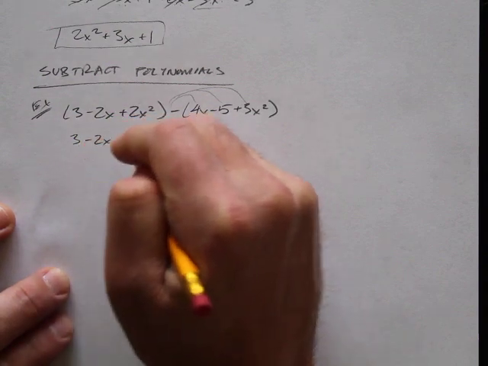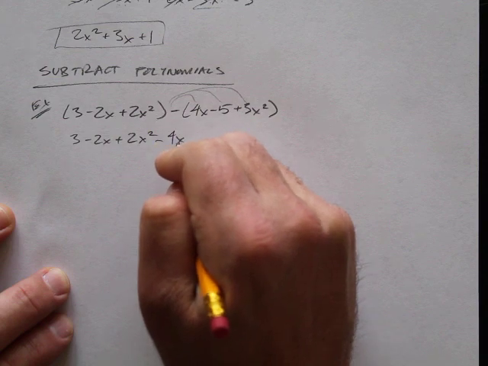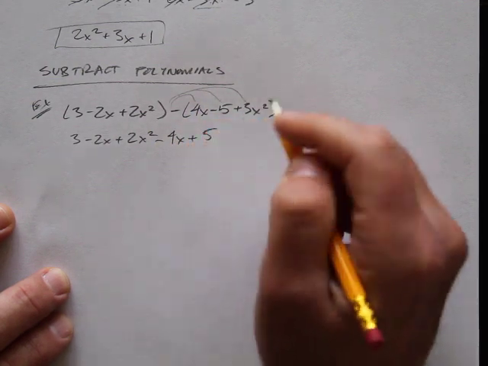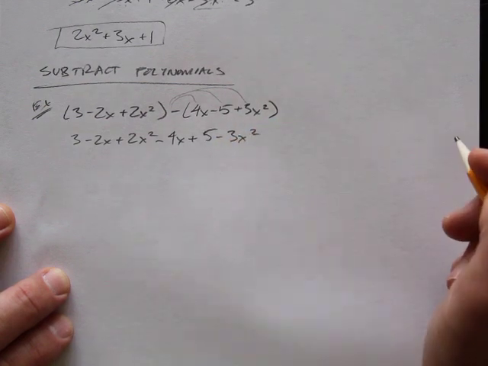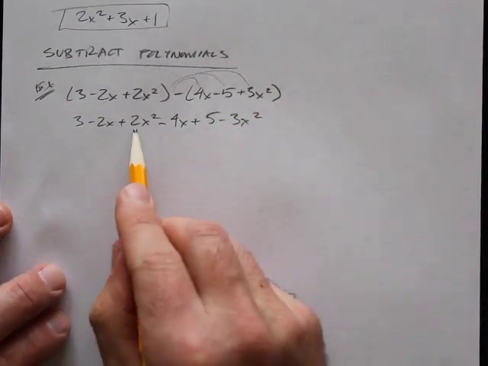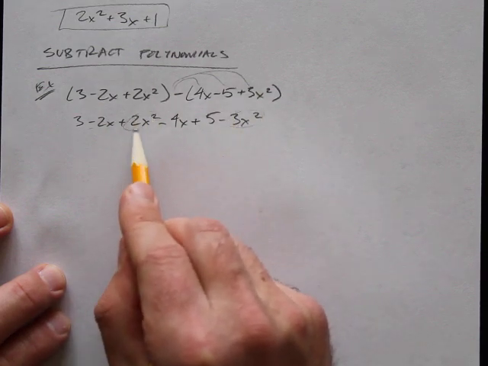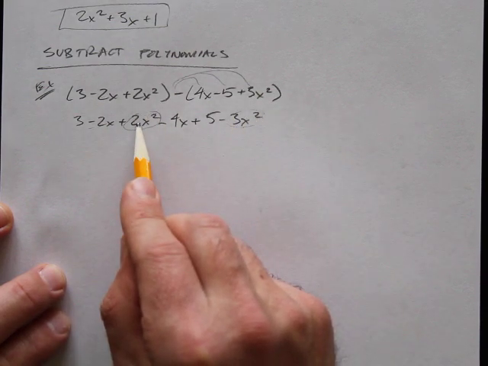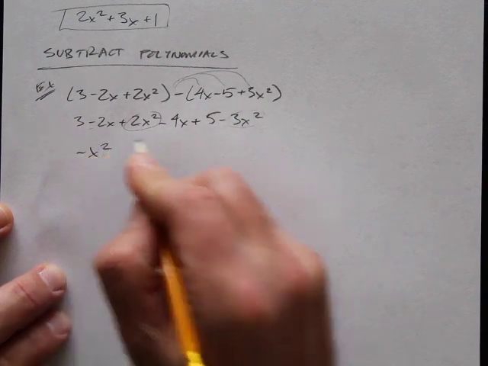3 minus 2x plus 2x squared minus 4x plus 5, so I'm distributing this negative here, minus 3x squared. Okay, now I'm going to find my like terms. Here's my x squared, positive 2, negative 3, so negative 1x squared.